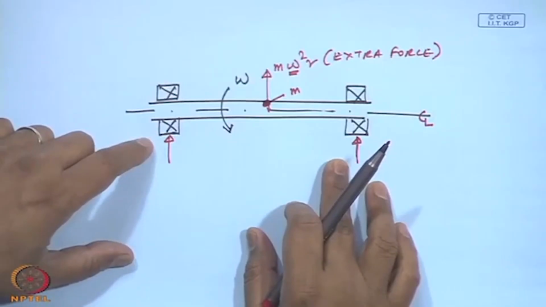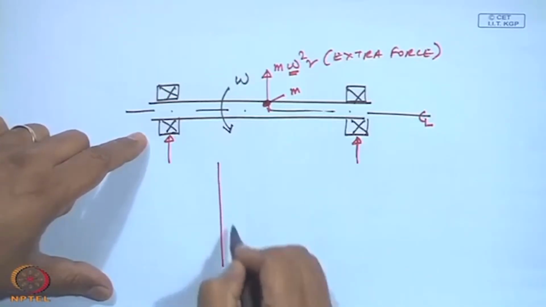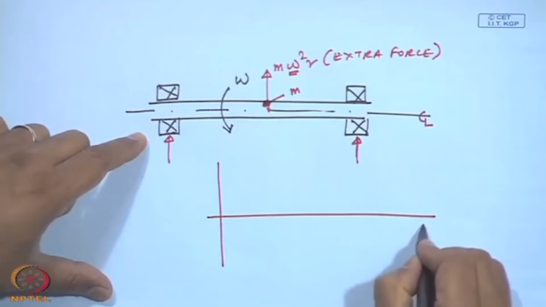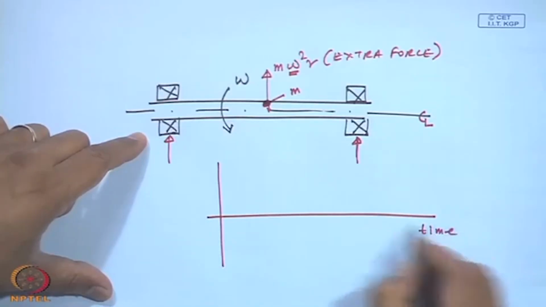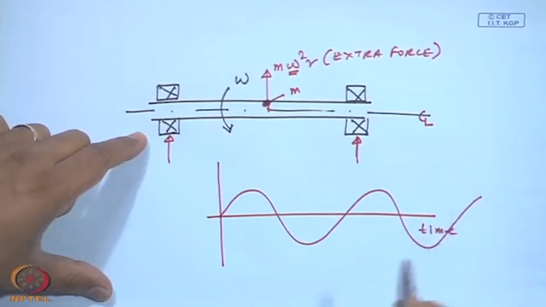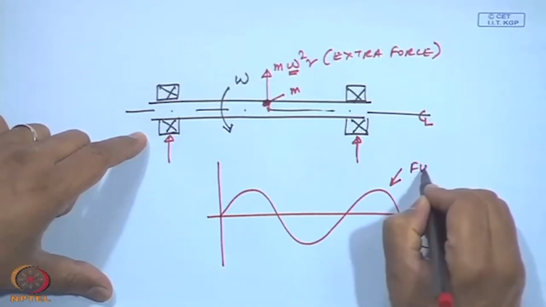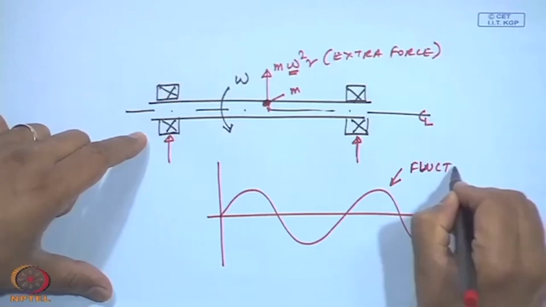And another problem you will see is this force is not a constant force as a function of time. Since it is rotating, this force is also fluctuating. So, this compounds the problem, fluctuating force.